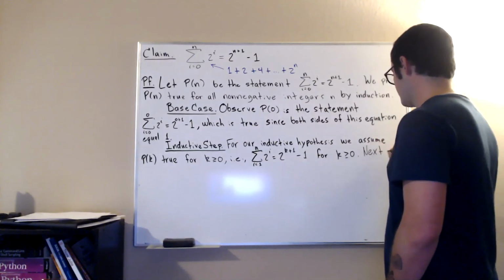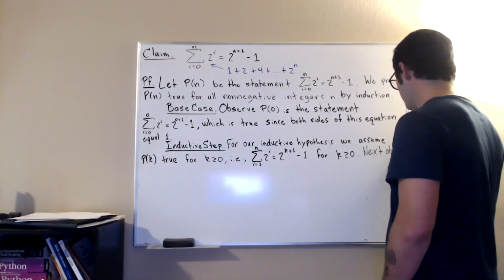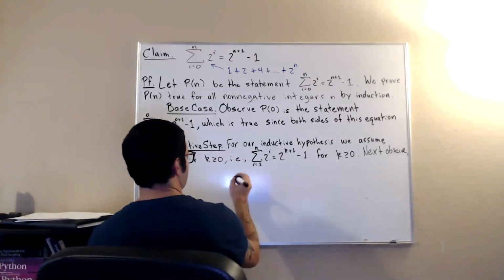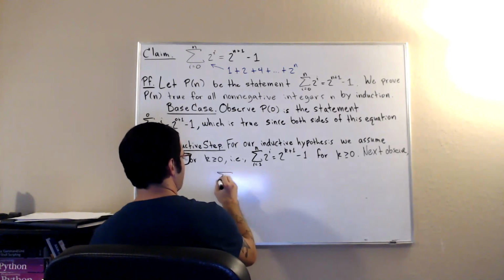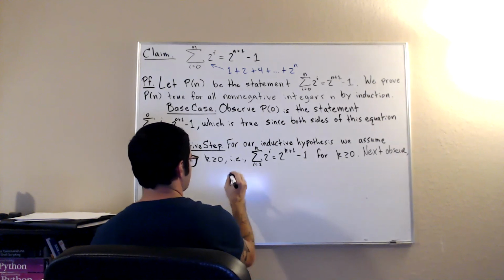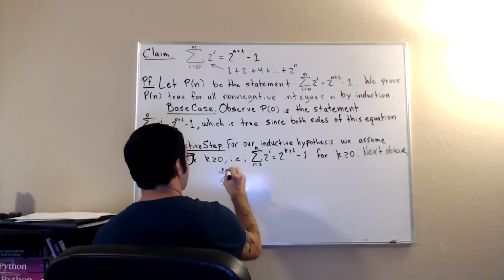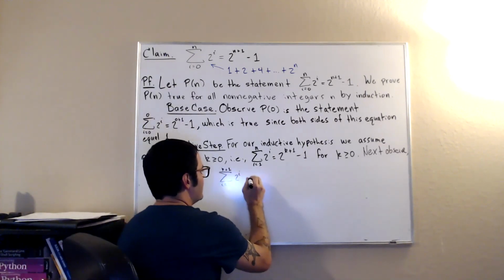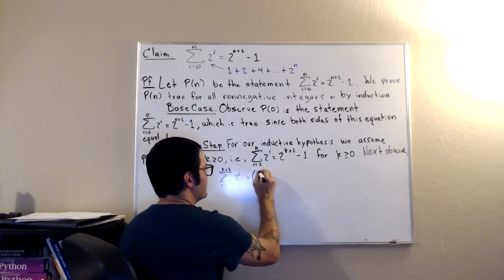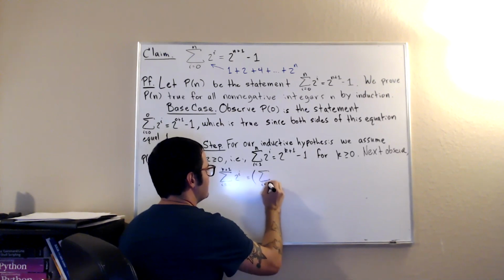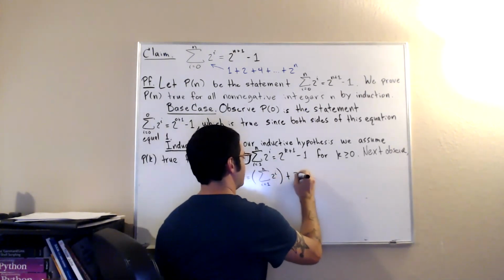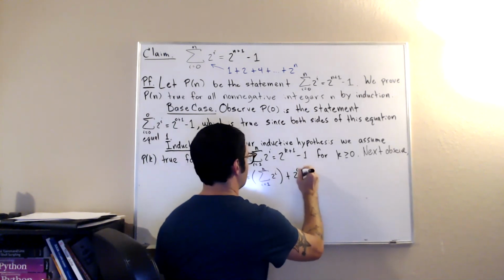So next observe that the sum from i equals 0 to k plus 1 of 2 to the power i is equal to the sum up to k of 2 to the power i, plus 2 to the power k plus 1.